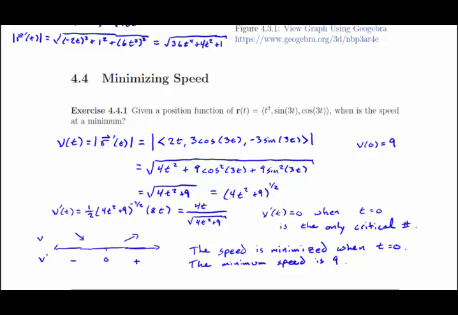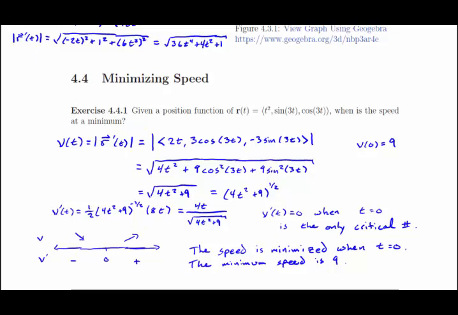Yes. Okay, so if this is my little v of t function, this is my speed function. If I want to minimize it, I need to take its derivative and set its derivative equal to 0 and look for critical numbers, and then we can use those critical numbers to determine when my speed is going down, when it's going up, and when it's minimized or maximized, all of those things.